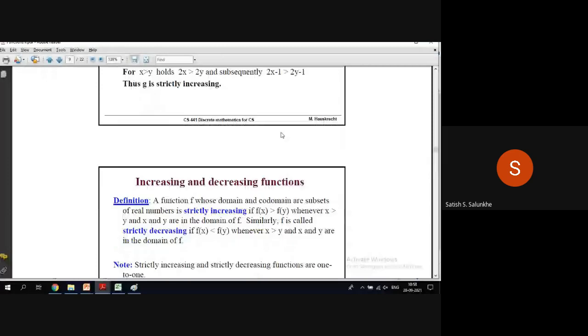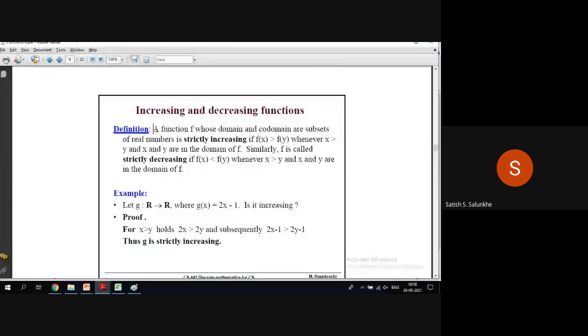Let us try to understand: a function f whose domain and codomain are subsets of real numbers is strictly increasing if f of x is greater than f of y whenever x is greater than y, with x and y in the domain of f. Similarly, f is strictly decreasing when f of x is less than f of y when x is greater than y.